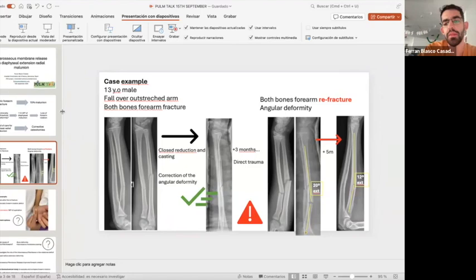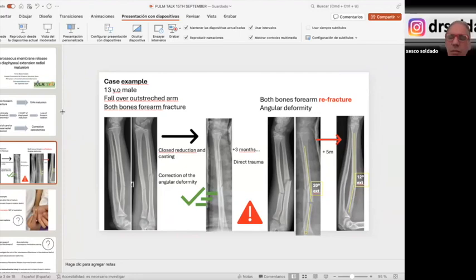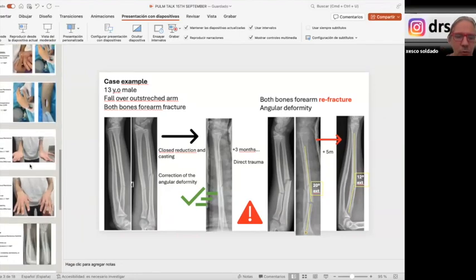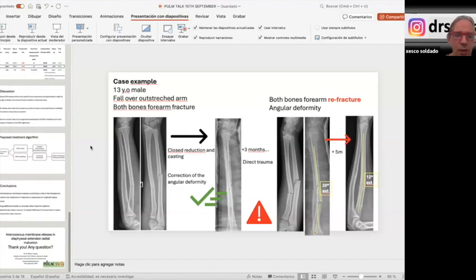I think it may be an adjunct treatment. I don't think it makes sense because the distal joint will not work with this degree of deformity. Okay, comments from the board or from any participant, please.